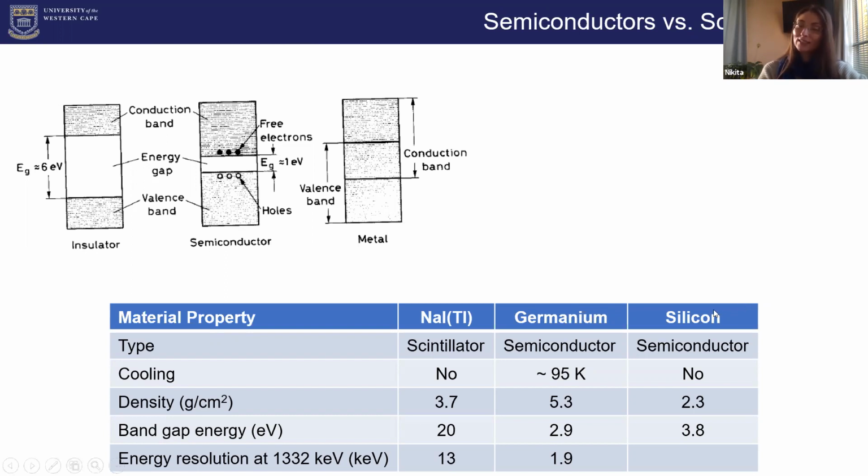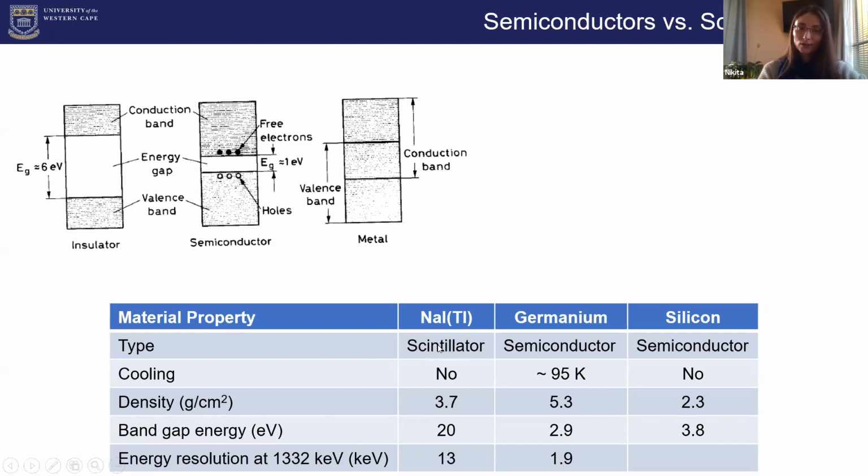I also added silicon, which is a detector that we also use within our detector array. Those are the 3 main types of detector that we use. Sodium iodide is a scintillator, and there are also lots of plastic scintillators that are very cheap and very effective at detecting radiation. So we also use that.